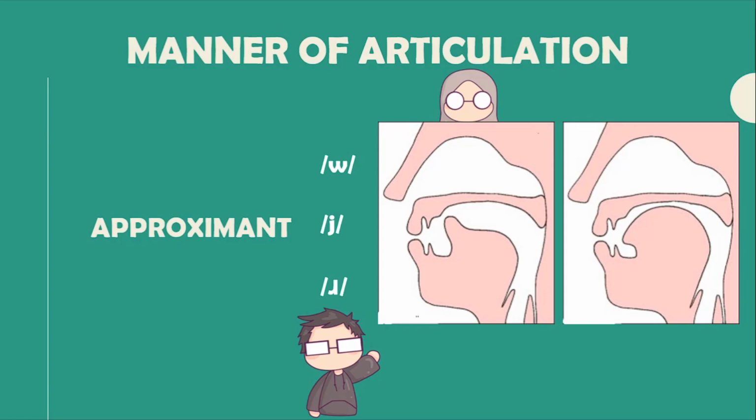Approximant is like a fast U sound. Now for example, say you and I really fast, and then you get the word why. Notice how your tongue never actually comes in contact with the top of your mouth.